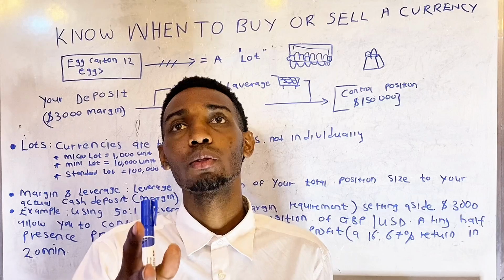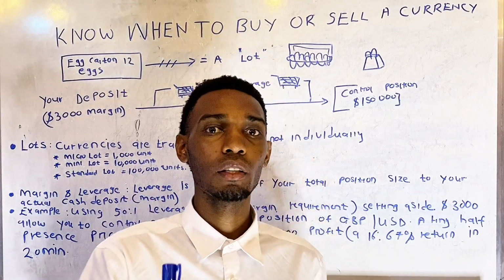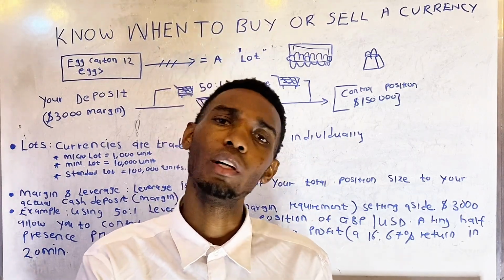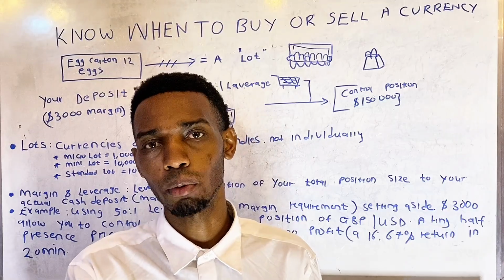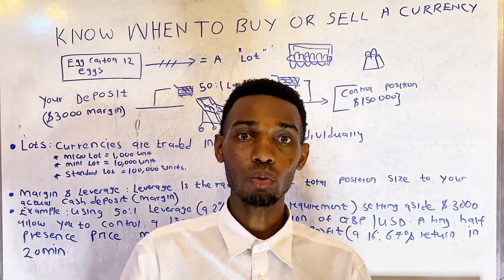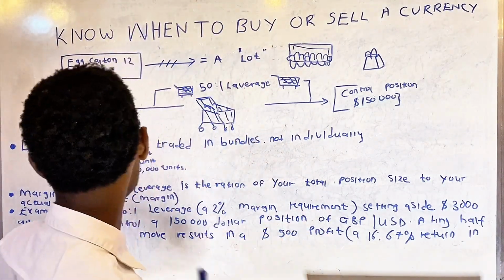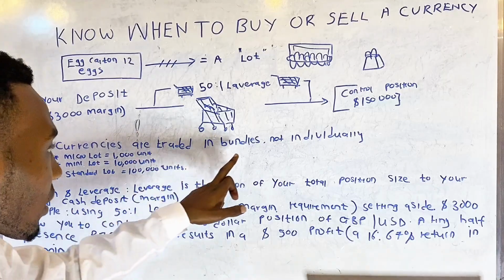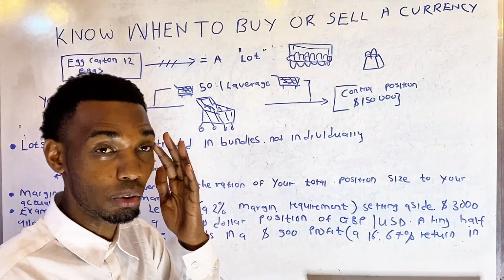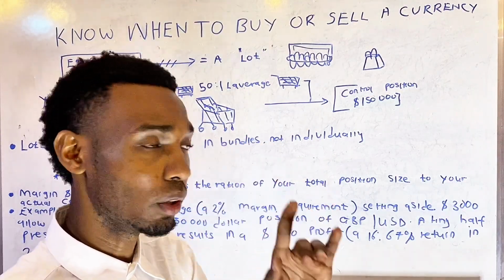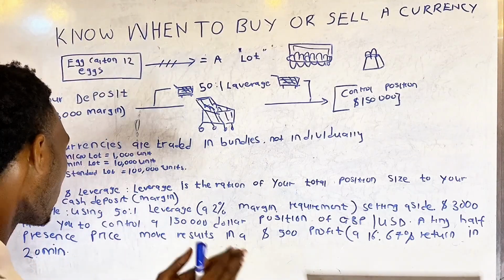An example with currencies: you can't trade with one currency, or one British pound. You're supposed to trade in bulk. Currencies are traded in bundles, not individually.